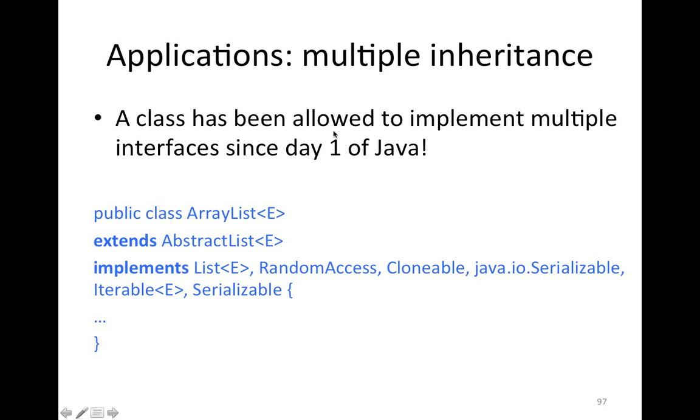But I'd like you to realize that we've been able to implement multiple interfaces from day one. If you look at the ArrayList class definition, it extends AbstractList, but implements several interfaces: List, RandomAccess, Cloneable, Serializable, Iterable, and so on. So we've had multiple inheritance of types for a long time.